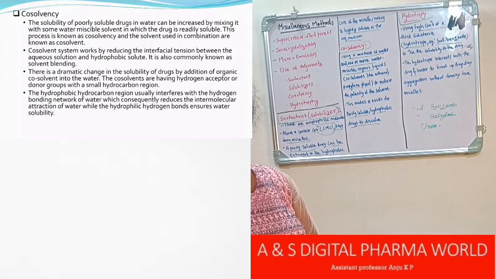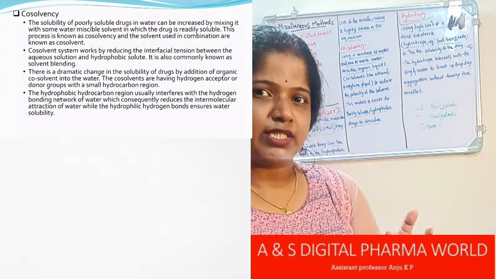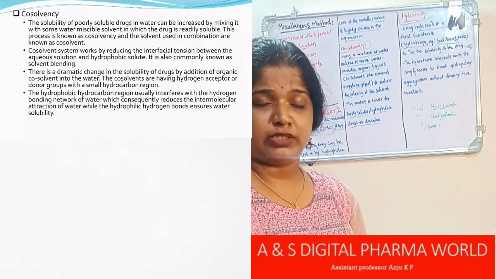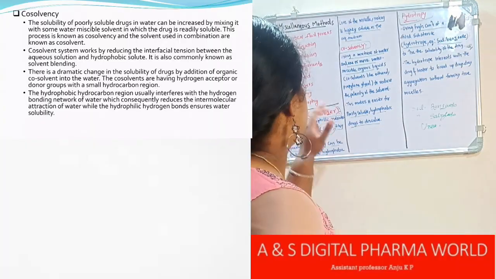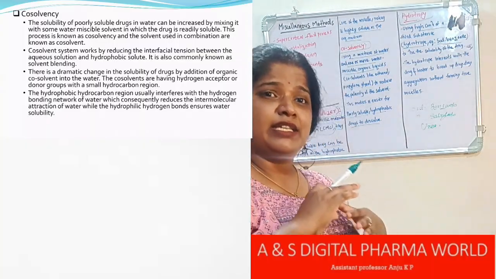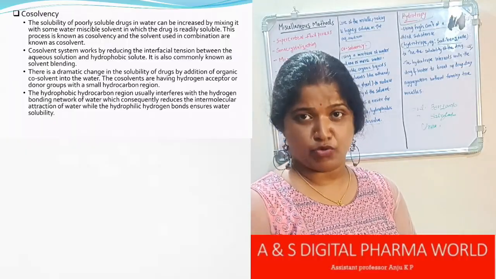In sonocrystallization, sonication produces very small particles, so the solubility gradually increases. In the case of microemulsions, we get stable emulsions in the size range of 10 to 100 nanometer.